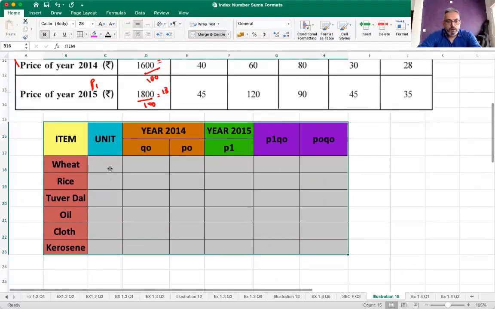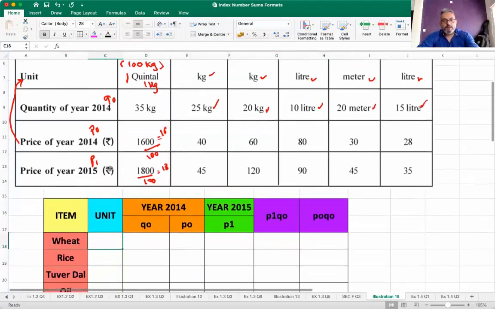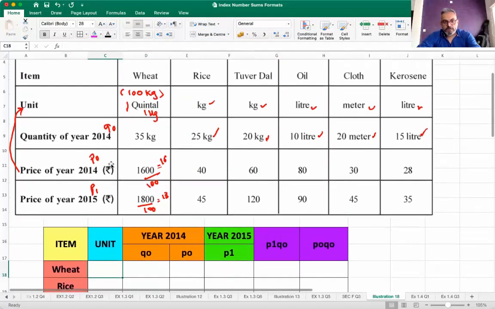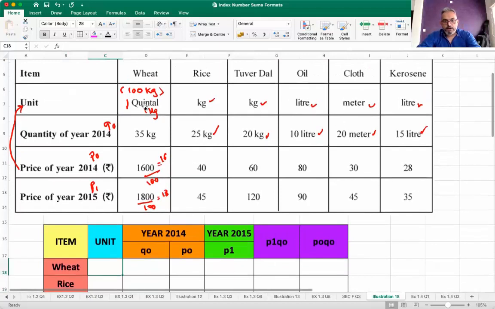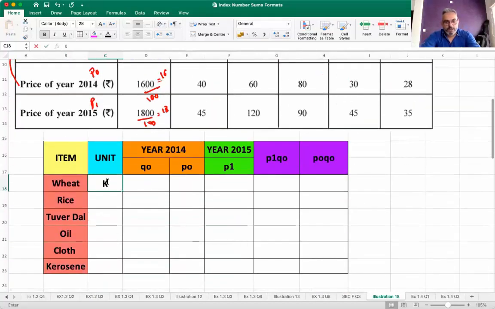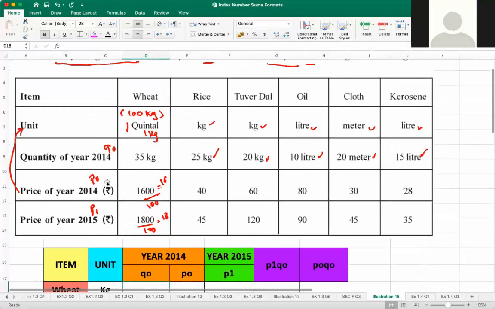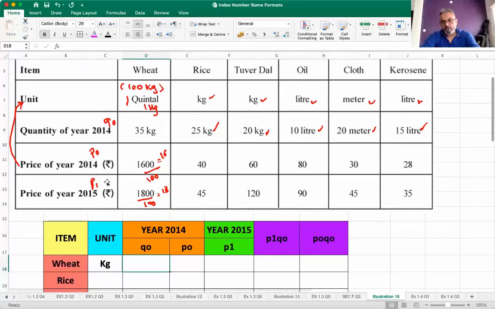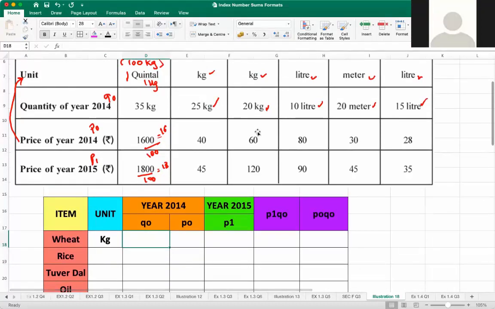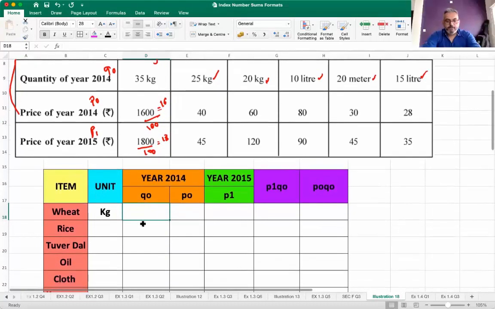Now, let's go one by one. We'll start with wheat. Wheat was given in quintal. We converted quintal into kg. So the unit is now kg. Quantity is 35 kg.